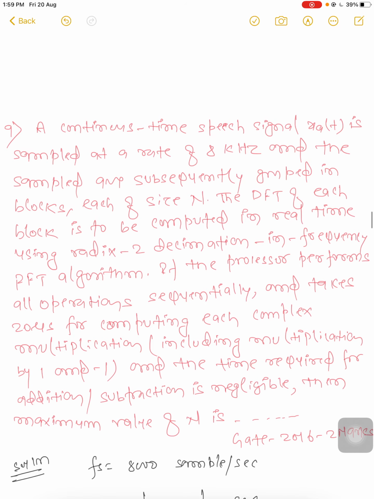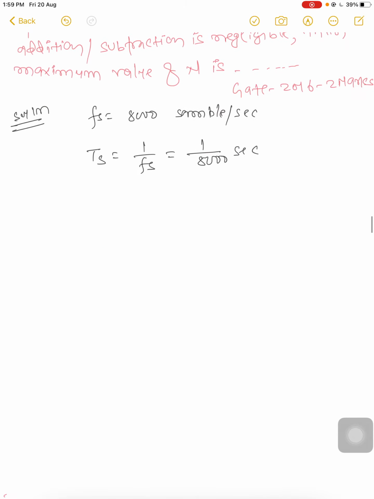The time of each multiplication is given as 20 microseconds, so Tm is equal to 20 into 10 to the power minus 6 second.